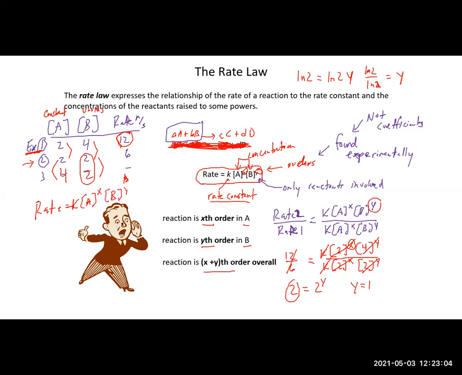So let's say that we decided that the concentration of A was 2 and the concentration of B was 2 as well. And let's just say, for example, X and Y were first order, right? So if we put the numbers into our equation, the rate would equal basically 2 times 2 in this case, which would be 4, right?